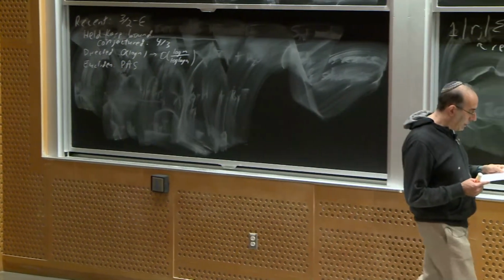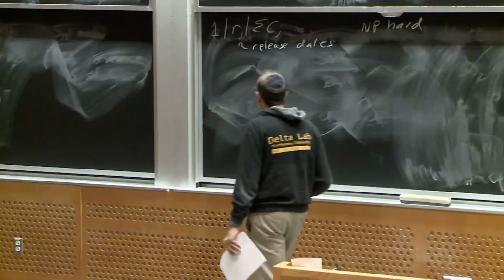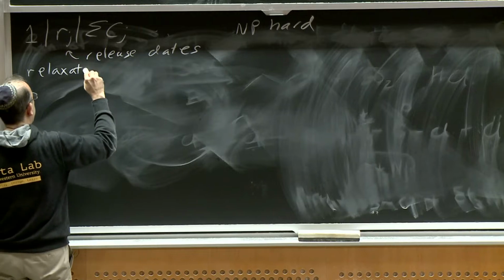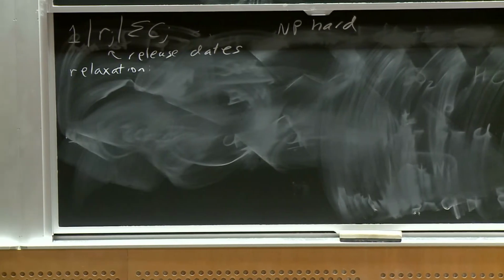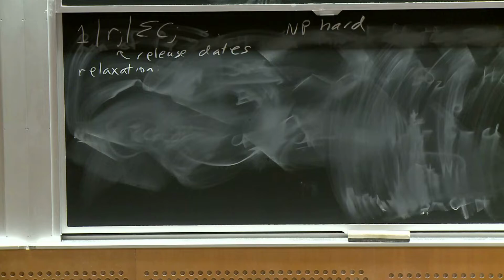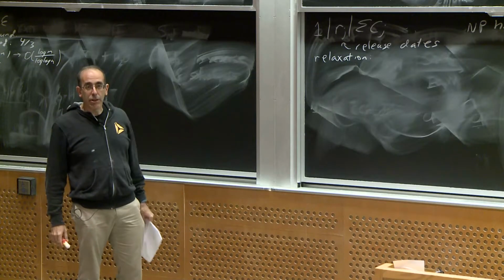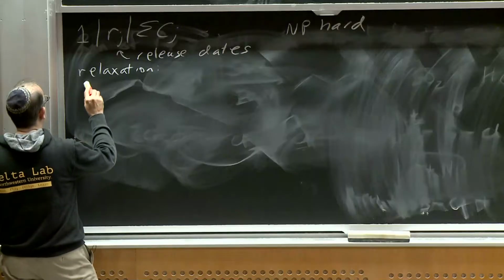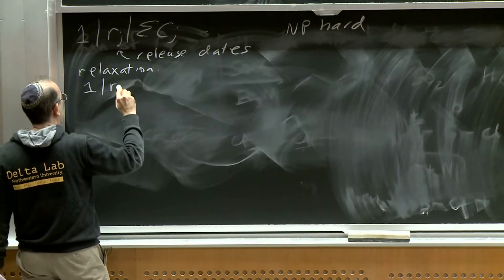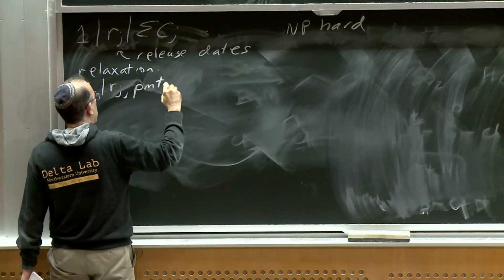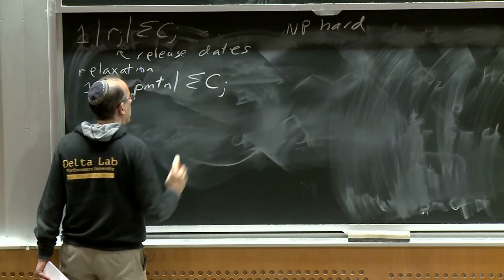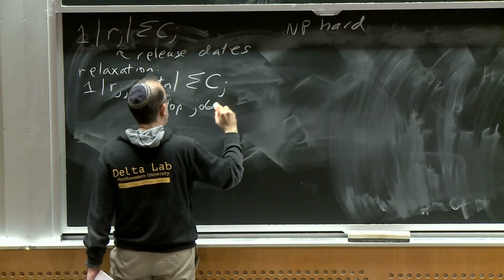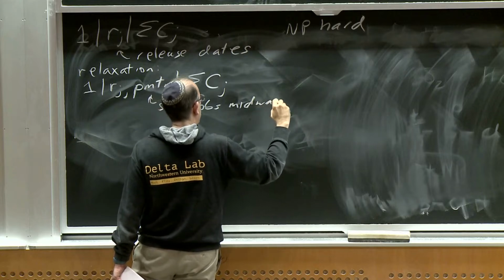Okay? So how do we think about this problem? Well, for this problem, it turns out to be useful to think about a relaxation. Okay. What might be a relaxation of this problem of scheduling jobs with release dates? Well, what if we allow you to preempt? So preemption means that you can stop jobs midway.